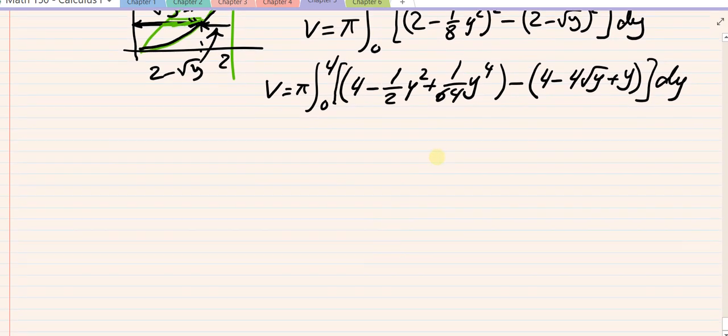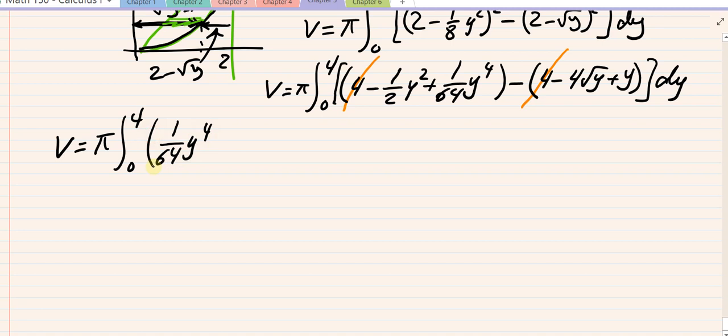Okay, now let's simplify this. I put the pi on the outside, a very normal routine. We pull the constant out. Now in this work we have -4 and 4. That's good, those add to 0. Then let's go in descending powers. We have 1/64 y to the 4th, then comes y squared, we have -1/2 y squared.